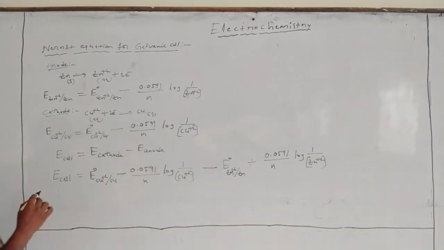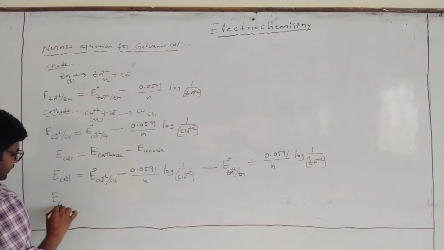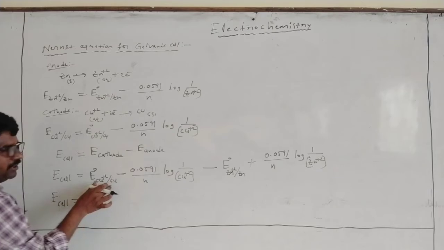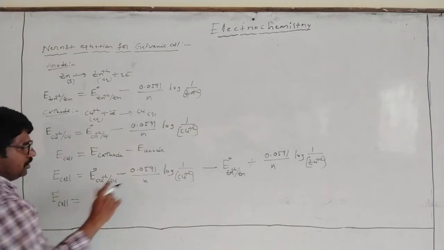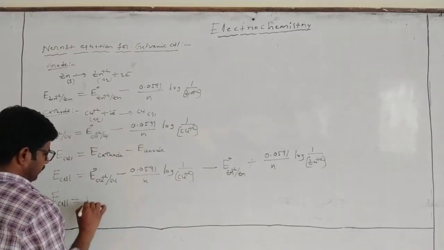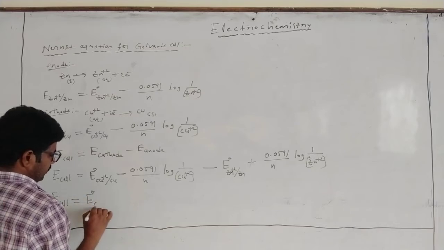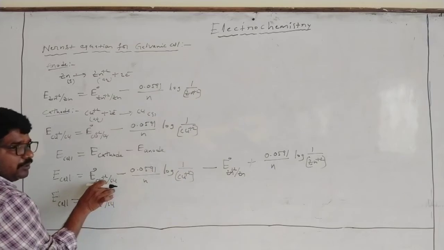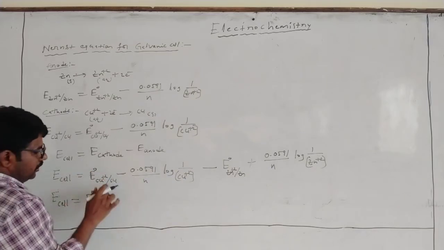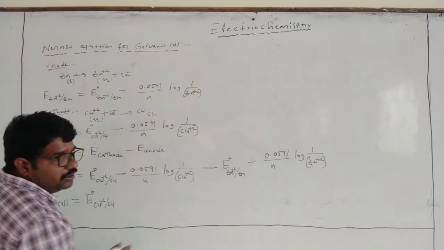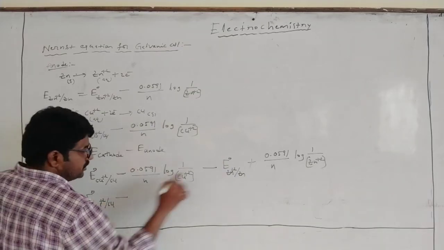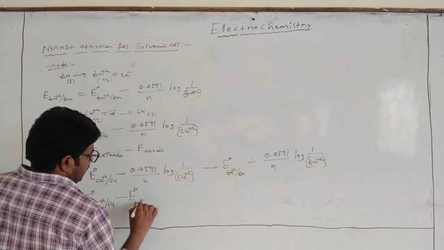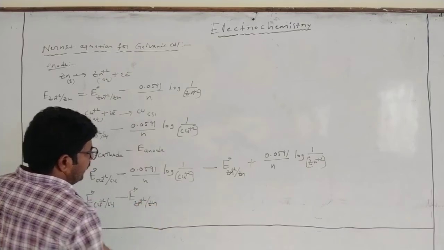Got it? Now in E cell, the E naught terms you have to write in one place: E naught Cu plus 2 by Cu, the copper couple standard electrode potential, minus E naught Zn plus 2 by Zn, the zinc couple.